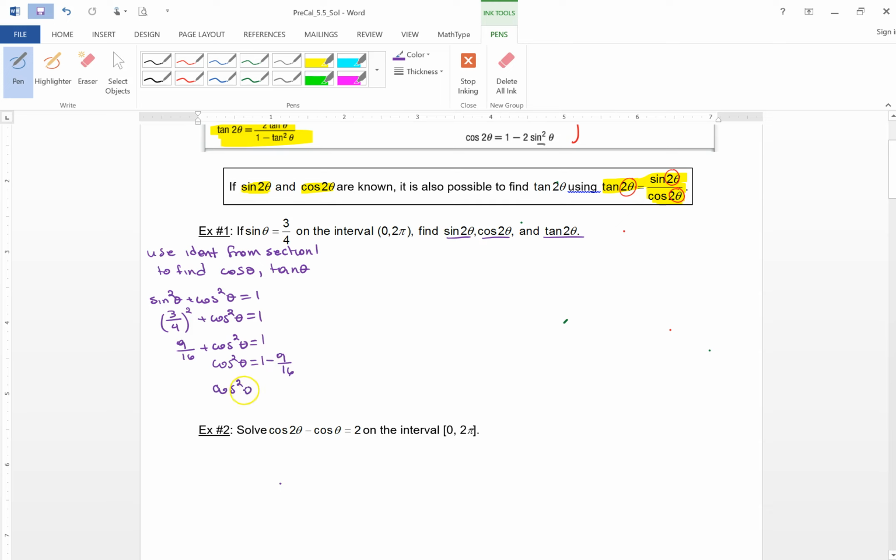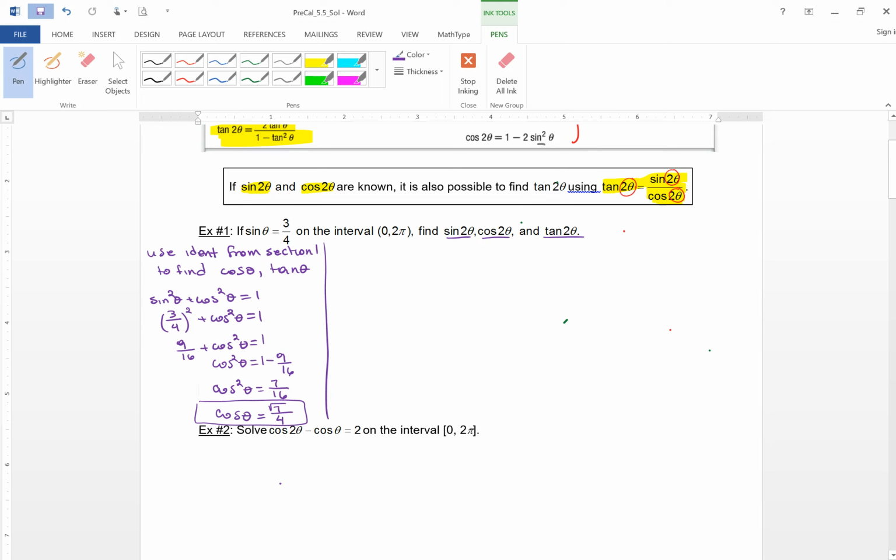That means cosine squared theta is 7 over 16. That means cosine of theta is root 7 over 4. I'm going to take the positive one, because the negative will fix itself right now.